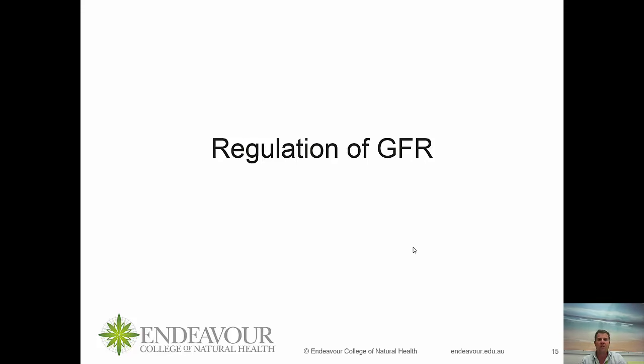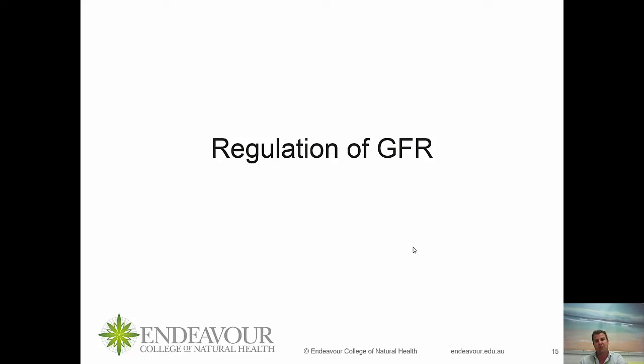But this is only really when we're not worrying about GFR, we're worried about maintaining blood volume and therefore blood pressure. So there's kind of two things that we need to worry about with GFR. There's what the kidney does to regulate its own GFR, and that's to maintain the right amount of filtering.